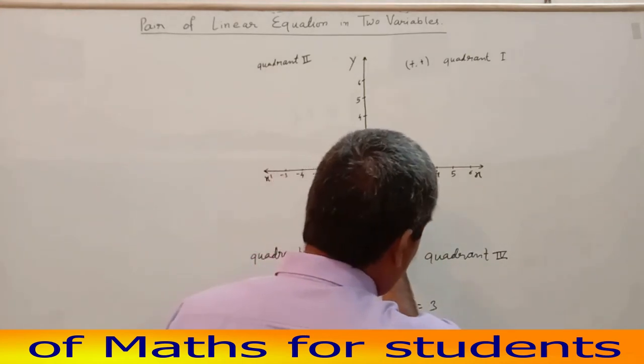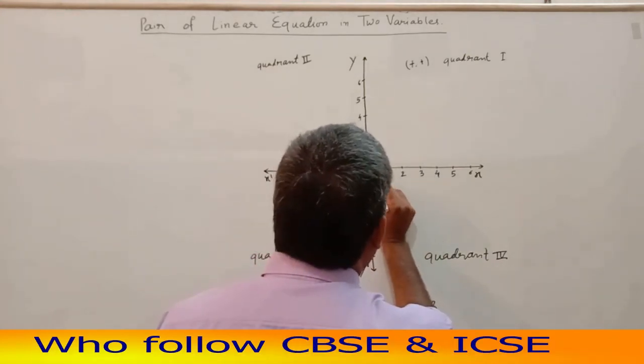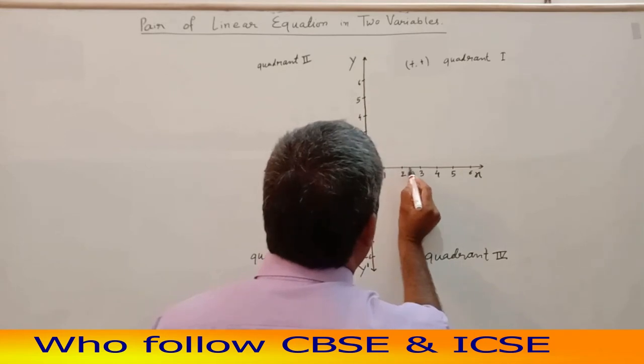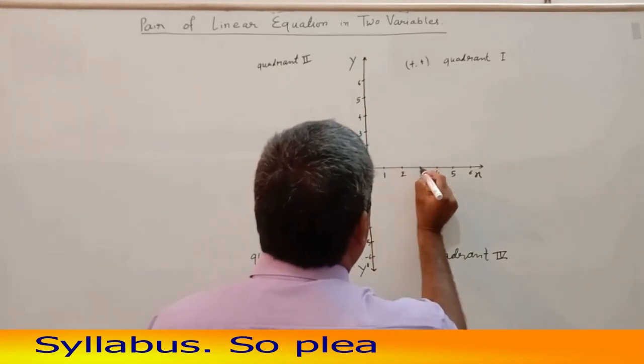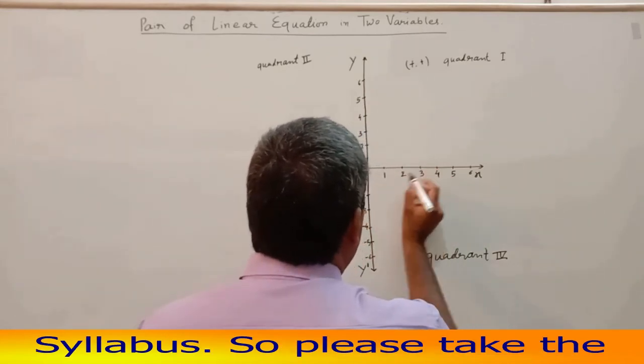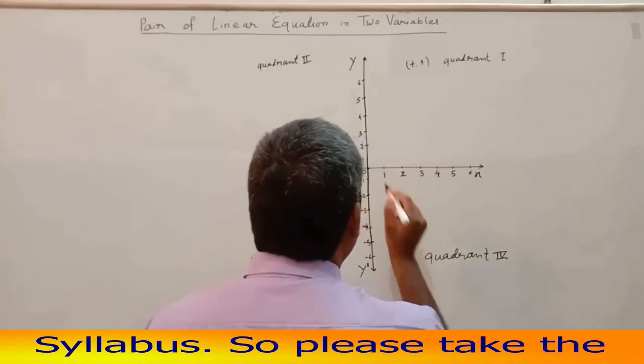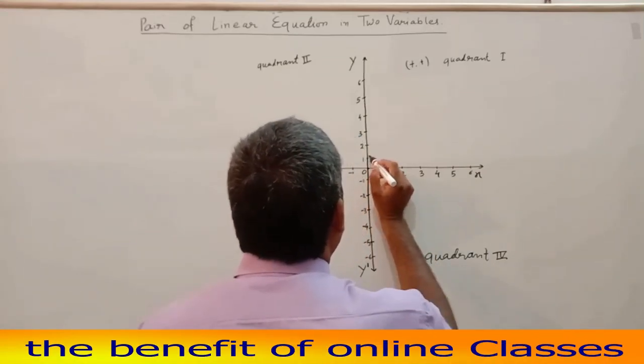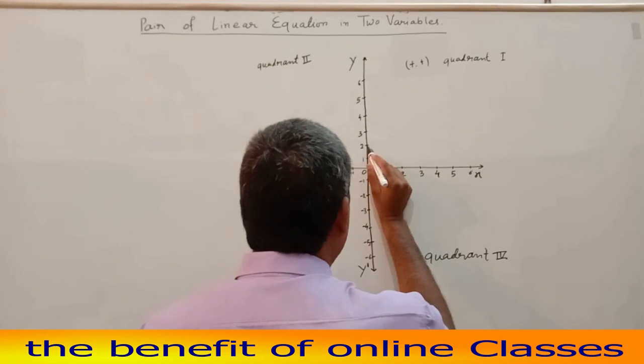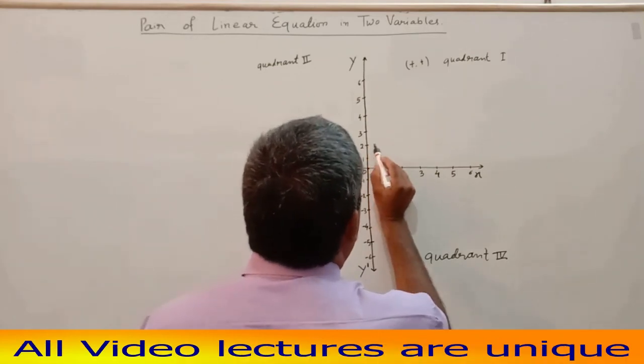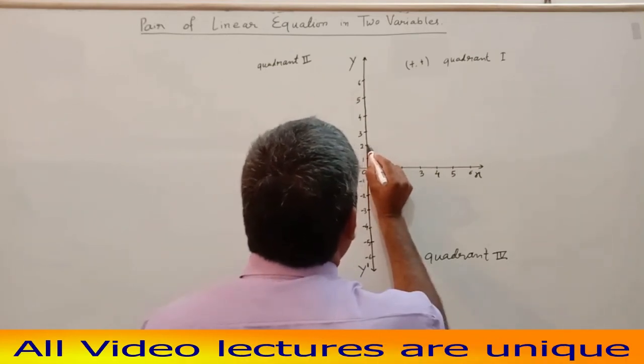So where will be the coordinate? We move x equal to 3: 1 step, 2 steps and 3 steps. And y is equal to 2, so we move upward on the y-axis 1 step, 2 steps.